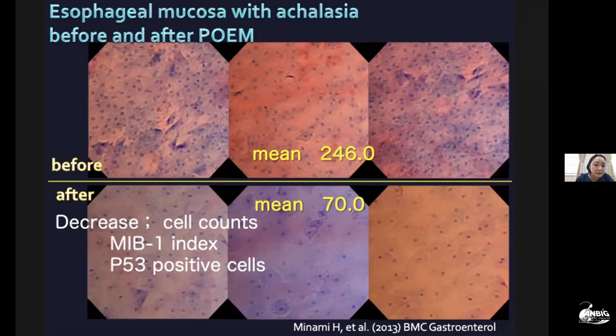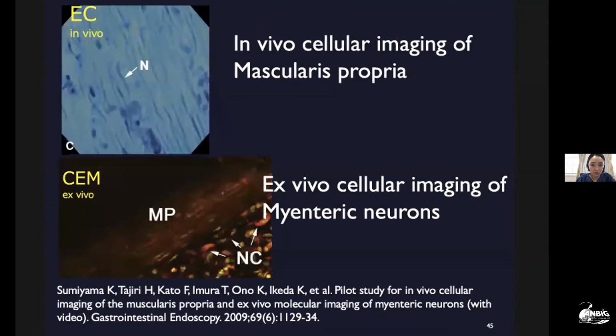With this decrease in cell counts, MIB1 index and p53-positive cells, I reported this phenomenon to BMC Gastroenterology. We wanted to show that the POEM procedure may contribute to decreasing the number of esophageal cancers in esophageal achalasia. And that was my work.